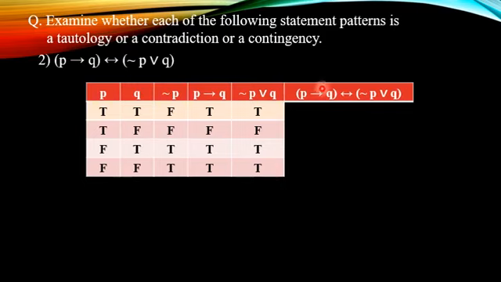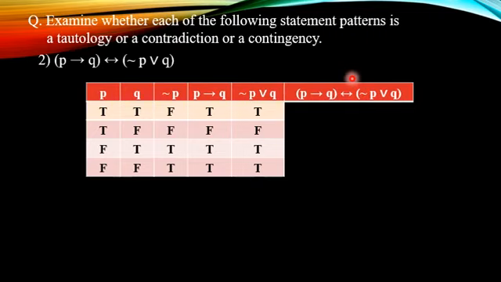Now we find P implies Q, double implies negation P or Q. That means this fourth column and fifth column are connected by if and only if, double implication. And for double implication we all know, if both have same truth values, the corresponding biconditional statement will be true, and if they have opposite truth values, then the biconditional statement will be false.